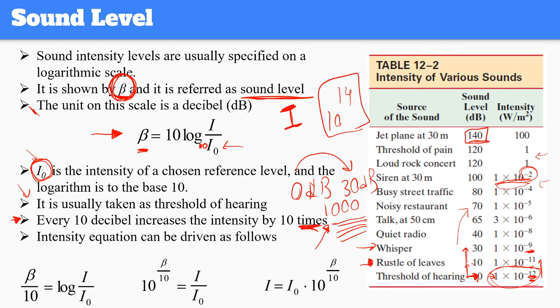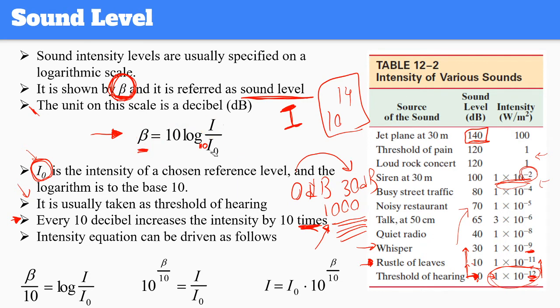This is how you measure the sound level in decibels, but what is the relationship between the intensity and the decibel? If you know the sound level but you're trying to figure out the intensity, then you basically need to solve this equation.